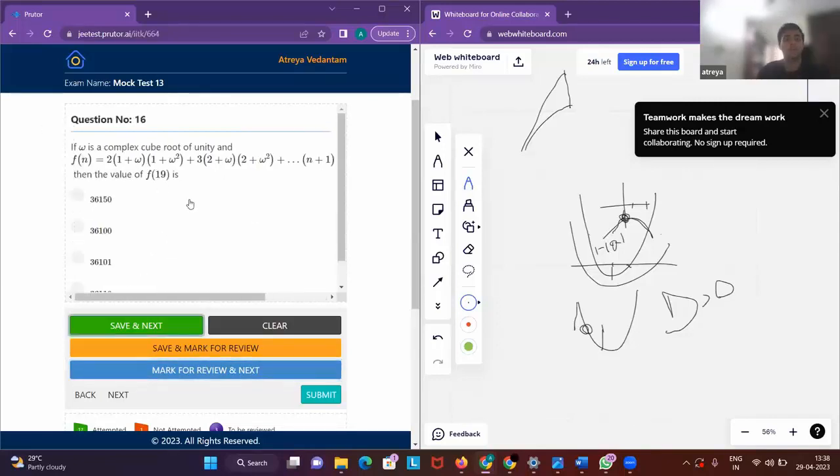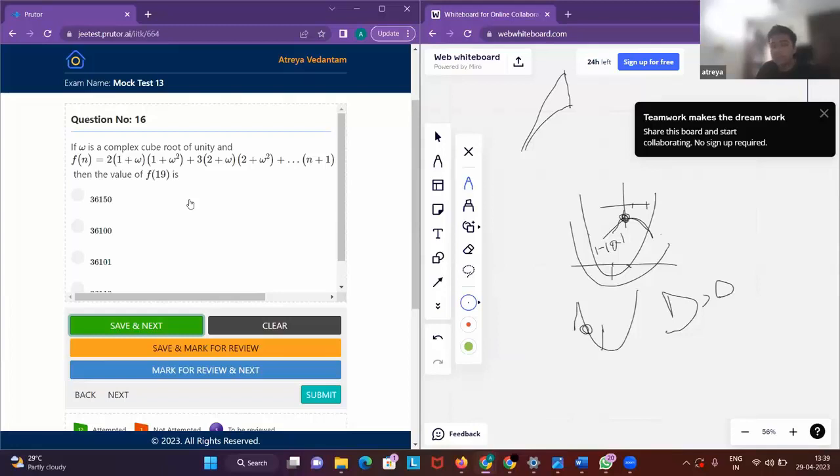This is also a good question. If you simplify the first part, you get 1 plus omega plus omega squared plus omega cubed, and you know that's simply 1. So you get 2 plus 3 times (2 plus 2 omega plus 2 omega squared plus omega cubed). What is that? Well, that is 3, because 2 times 2 gives you 4, but 2 of them will cancel out, since 1 plus omega plus omega squared is 0, and you have an omega cubed remaining, so that gives you 1 more, so that's 3.